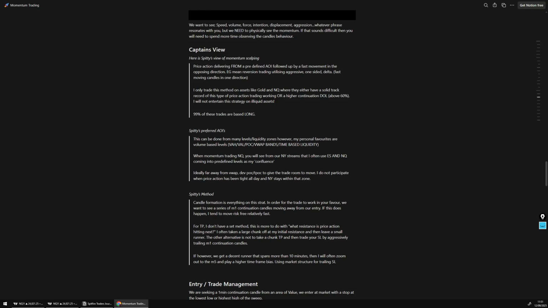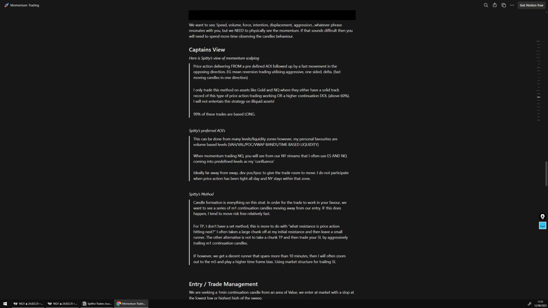Beta. But ideally, as I've put there, I want it to be far away from VWAP. I want it to be far away from developing point of controls, TPOCs. Okay, I want that trade to have room to move. If it doesn't have room to move, I will still take a view on it. But if it's a really tight range, especially within New York, you'll have seen us countless times on the New York streams where I'm not interested.